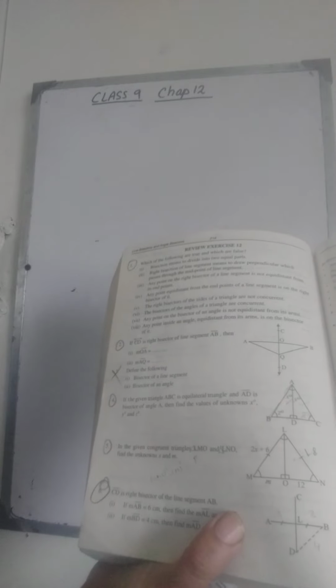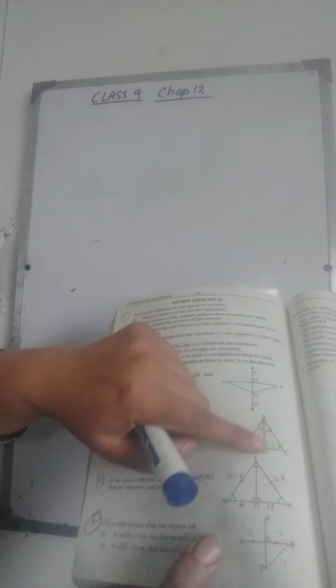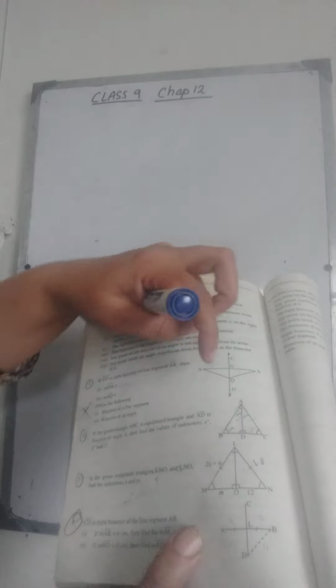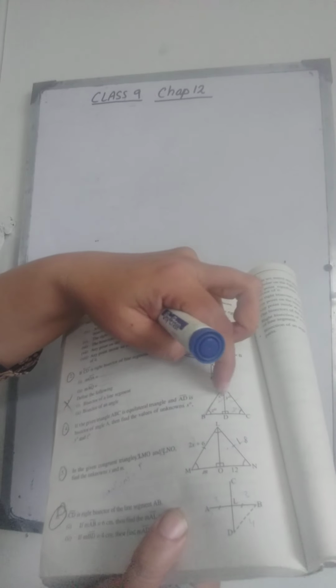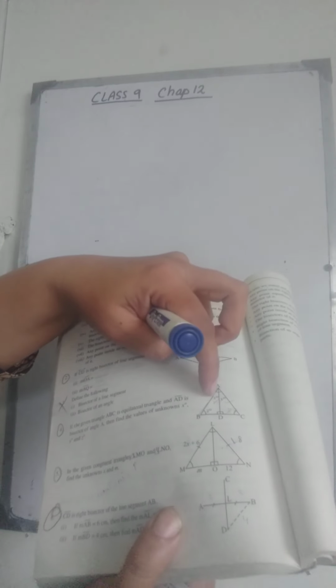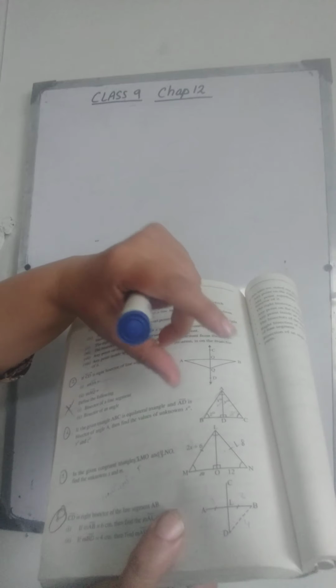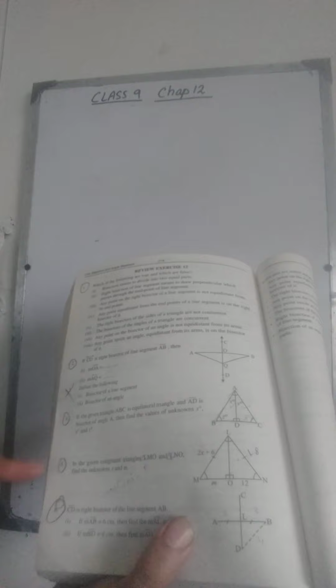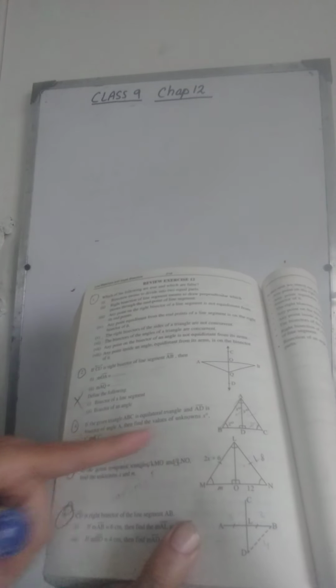And AD is the bisector of angle A. It means AD is dividing this angle A into two equal halves. The halves are x degree and y degree. It means that x and y are going to be the same angles, because AD is the bisector. Then find the values of the unknown x degree, y degree and z degree.